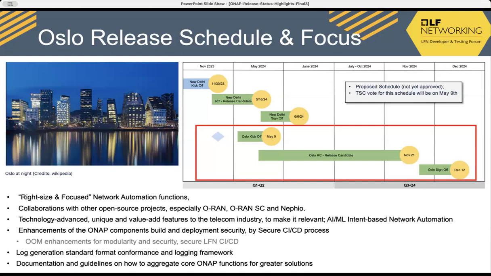We want to even right-size the control, so we want to focus it. Based on use cases, we build components individually and deploy components individually. They pick and choose, then aggregate, and that becomes the solution.